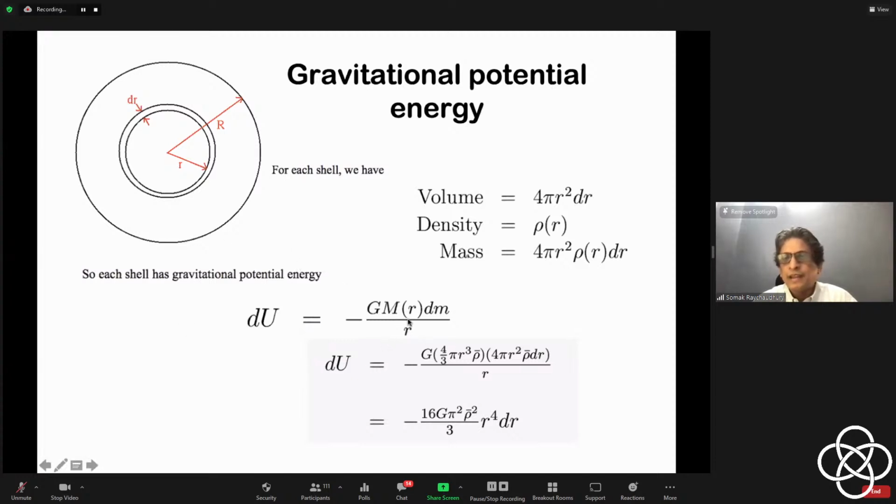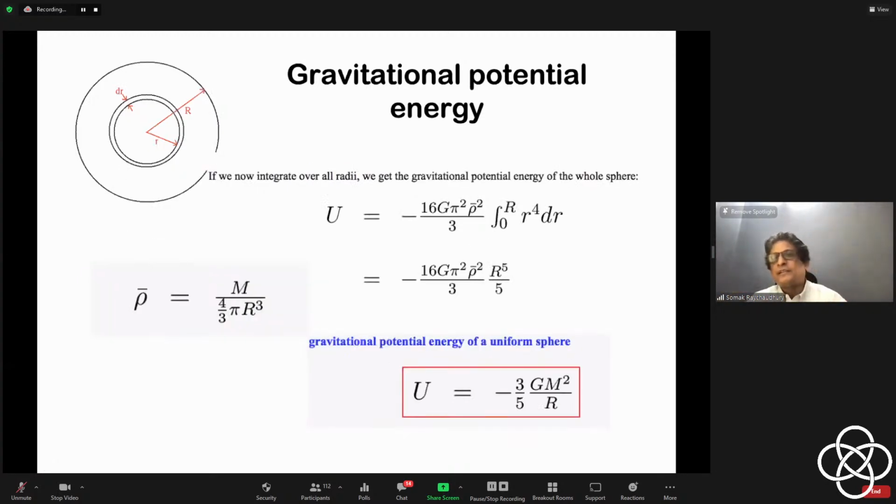Actually, you don't need to assume it's uniform. The shells themselves need to be of a uniform density rho. The shells can be very thin, and then you can have m of r, dm, and you can slowly assemble them.